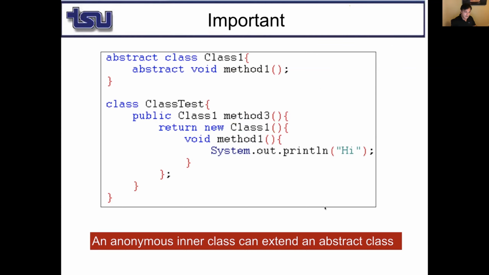My intention here is to create an object of a class. First of all, that object doesn't have a name, and that class doesn't have a name either. Create an object of an anonymous class that extends class 1 and overrides method 1 this way, or implements method 1 this way.